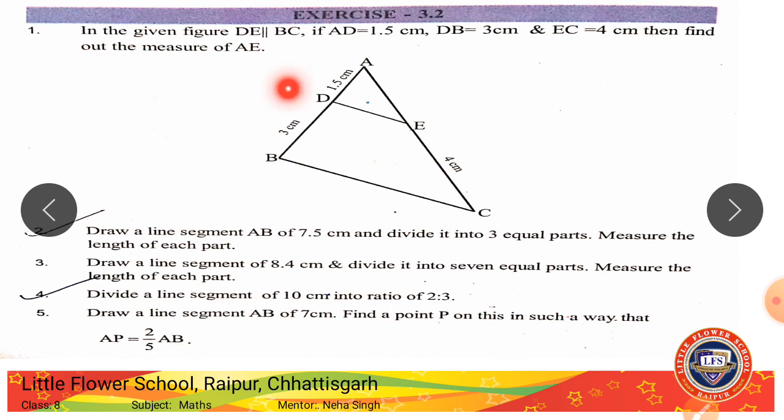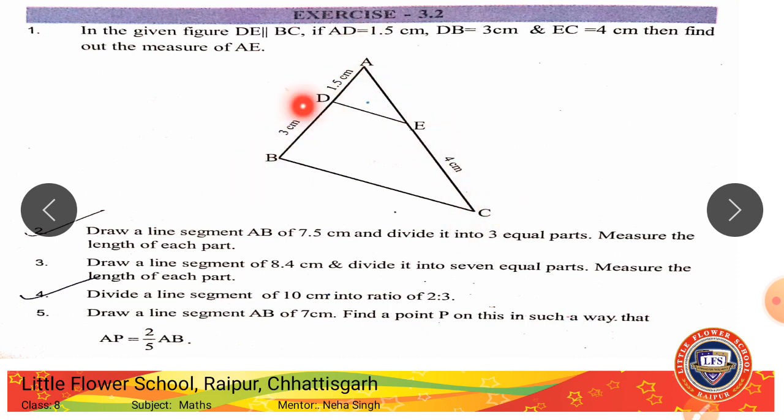See, when a line is parallel to one side of the triangle, it divides the other two sides in the same ratio. This is the concept we'll be using here, that in a triangle, when a line is parallel to one side of the triangle, it will divide the other two sides.